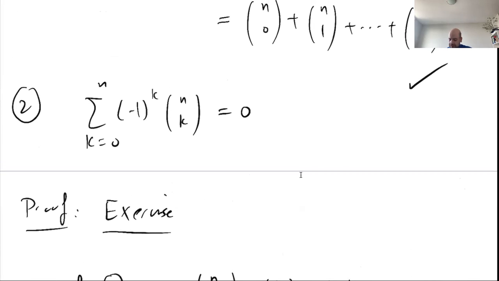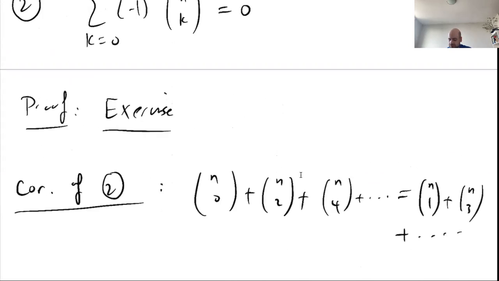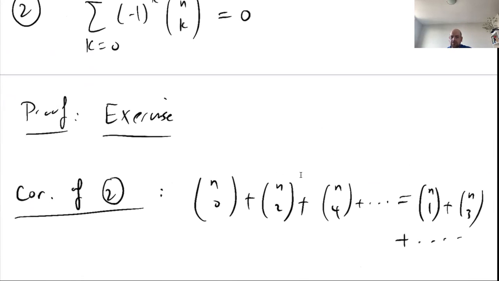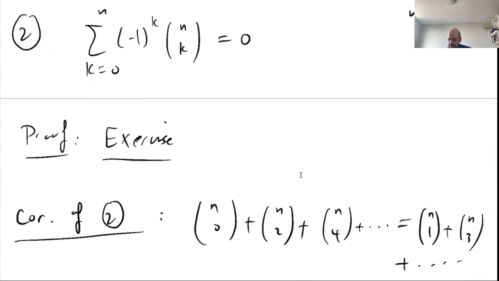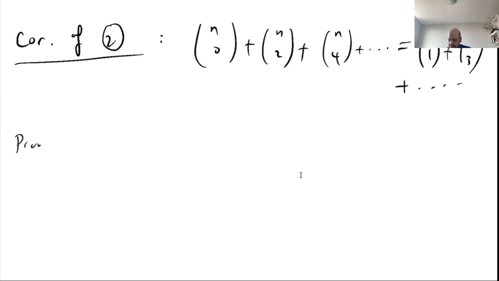So we just need to expand what we mentioned in property 2. Corollary, by the way, you know the meaning. Corollary means conclusion, right? So the conclusion of property 2 is this property. And how can we prove it? We just need to expand what we mentioned in property 2. So let me say proof by property 2.